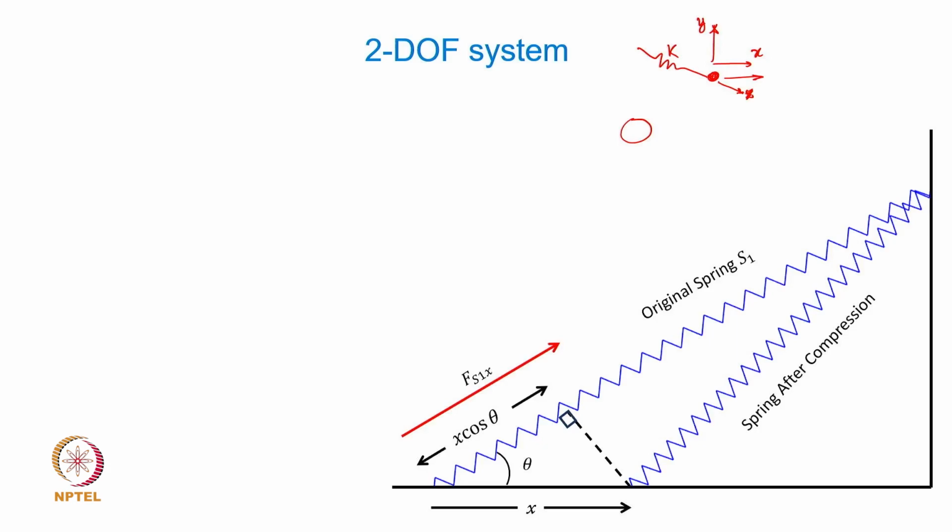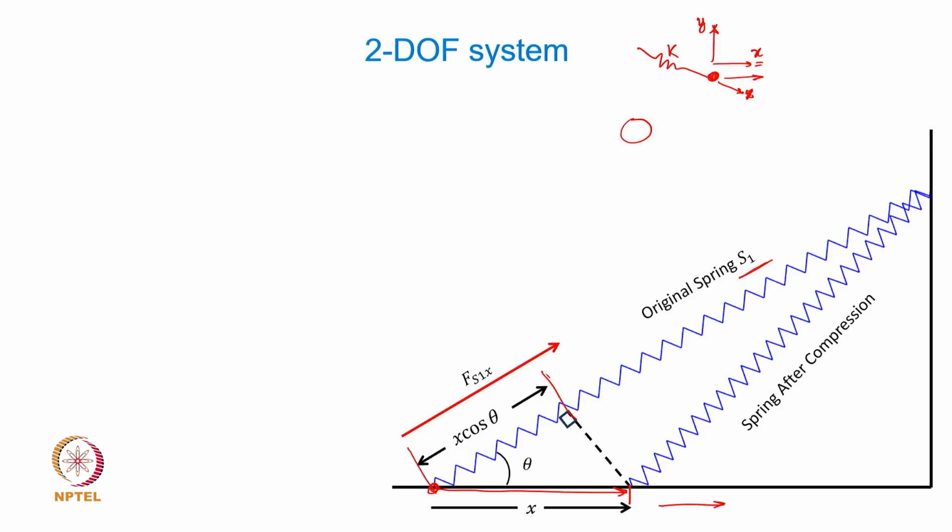Now this is something which I think we discussed in the single degree of freedom system, that if we move this end of the spring by a distance x, this inclined spring having the stiffness k1 is going to be effectively stretched by a value equal to x cos theta, you can see that. And if x is the displacement along the positive x direction, the one which we have assumed, the net compression in the spring is going to be x cos theta.